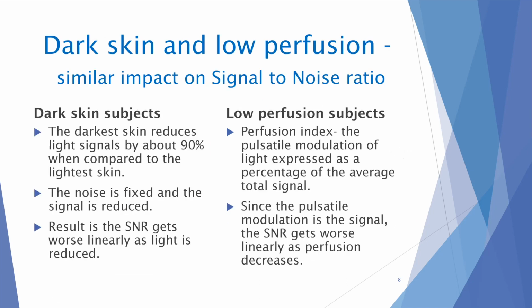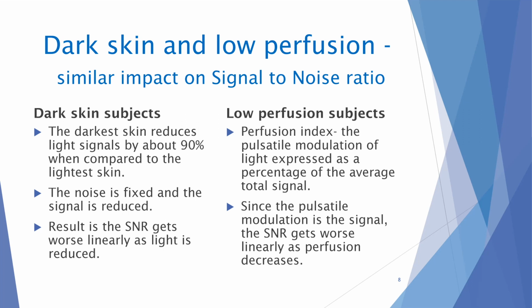But what happens when you have system noise, and a signal to noise ratio, is that the signal to noise ratio gets worse if you decrease the size of the signal.